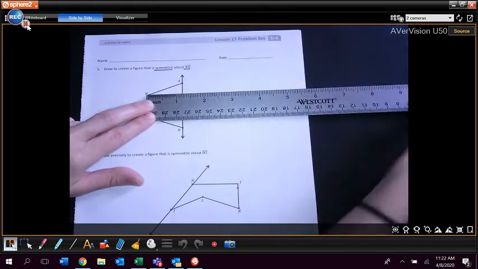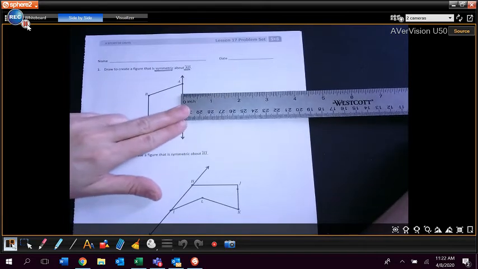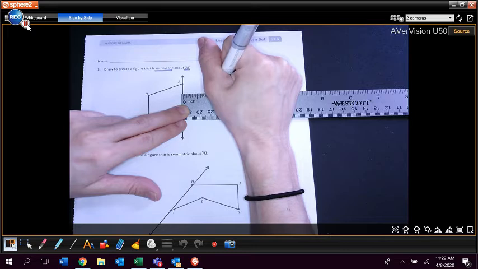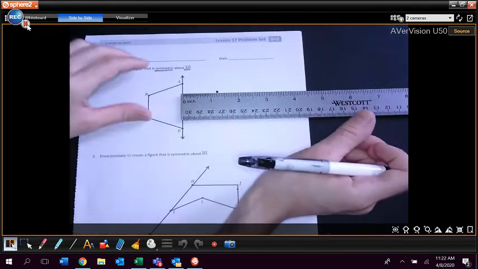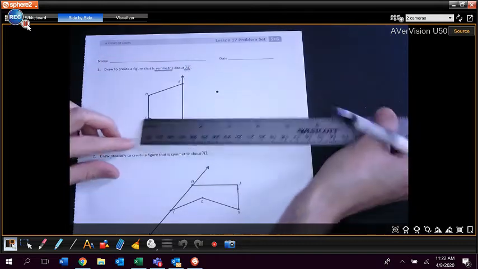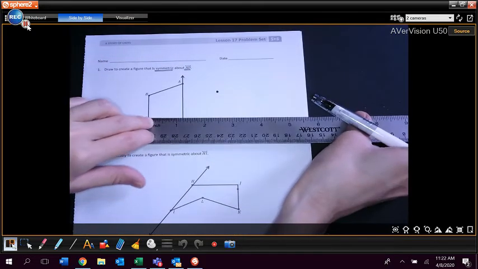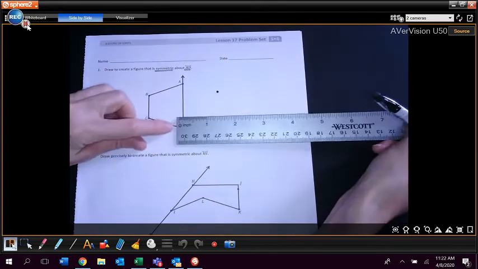So now what I'm going to do is I'm going to do the same thing to this side. I'm going to start at my line of symmetry. And it's about right here. That would be my B on that side. Now I'm going to do the same thing for C. It's also a little bit shy of 1/4. So I'm going to measure with my ruler.